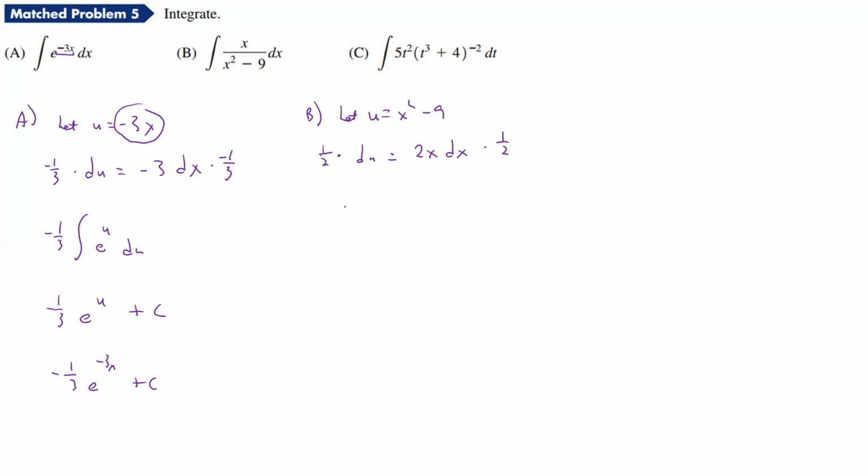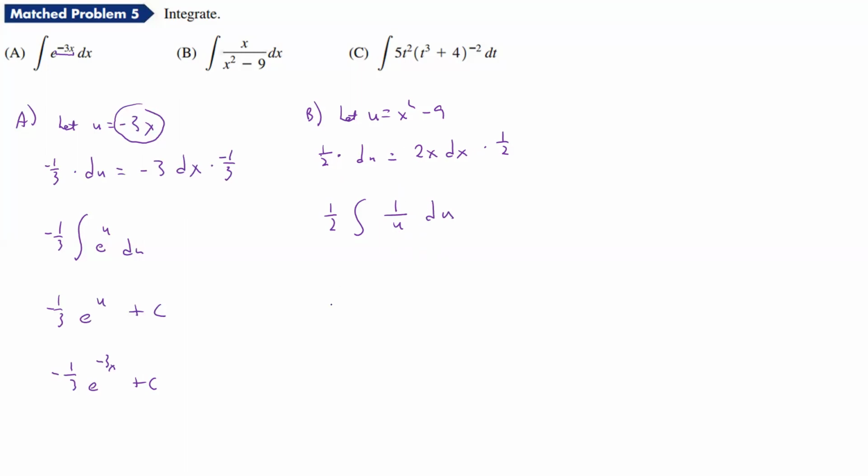Now if I do my integration, I'm going to have my half out in front, and then that x dx is going to give me a du. So really, I'm going to have 1 over u du. That's what happens after you substitute everything in.